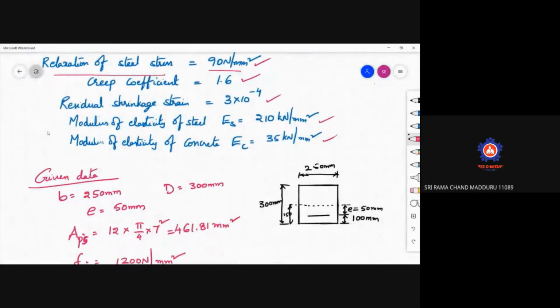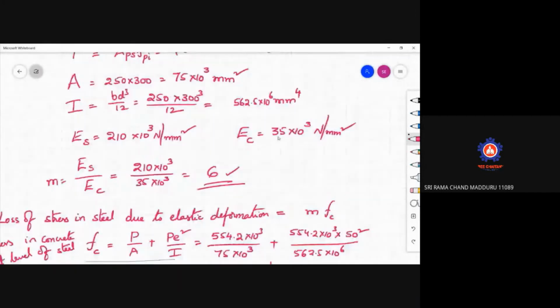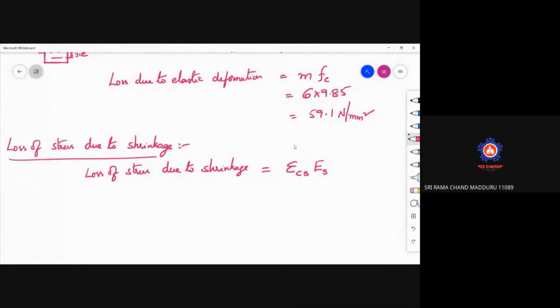So the residual shrinkage strain, 3 into 10 power minus 4, is already given in the question. So we can directly substitute that value here. Epsilon Cs is equal to 3 into 10 power minus 4. Now Es is already known, that is 210 into 10 power 3 Newton per mm square.